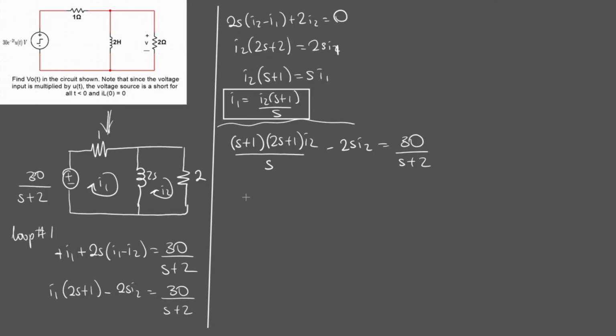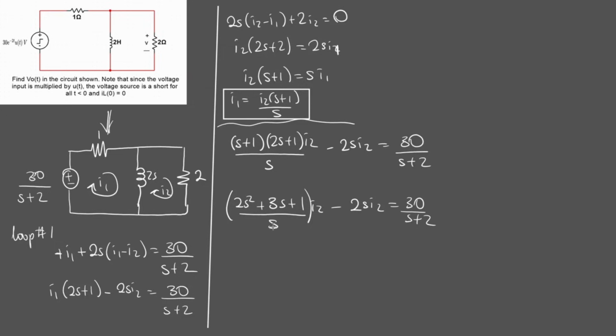Let's expand this bracket: 2s squared plus s plus 2s plus 1, all over s, I2, minus 2s I2 equals 30 over s plus 2.